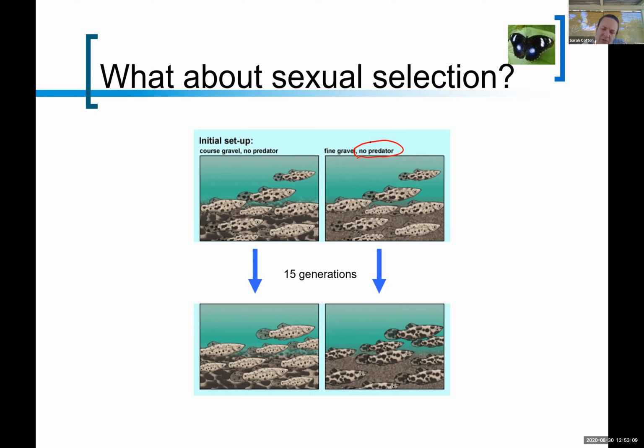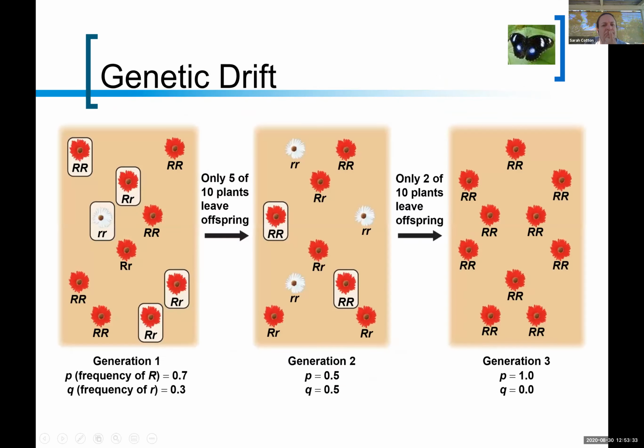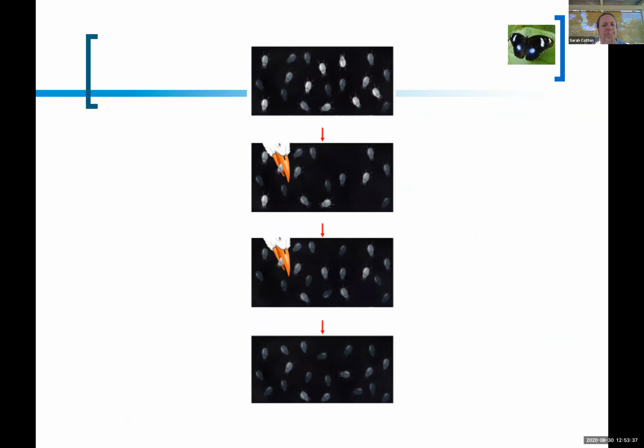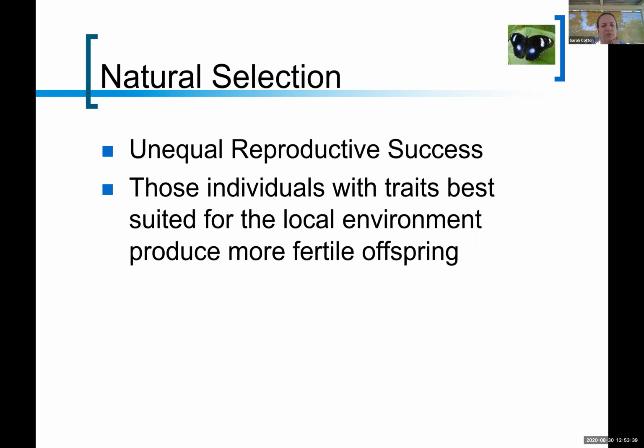All right, well, in this tank, 15 generations later, we end up with a population where the guppies are kind of blotchy. And then in this tank, 15 generations later, we end up with guppies that are speckly. I went too far. Hold on. Guppies.